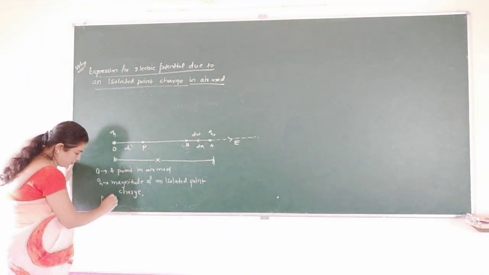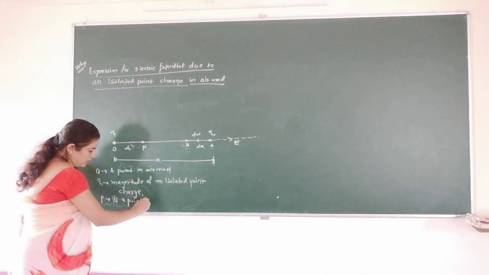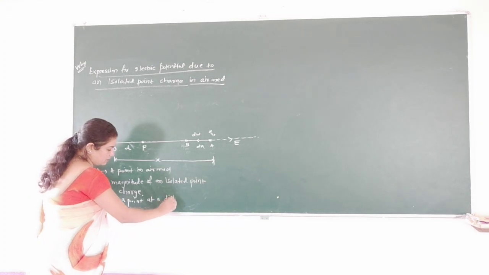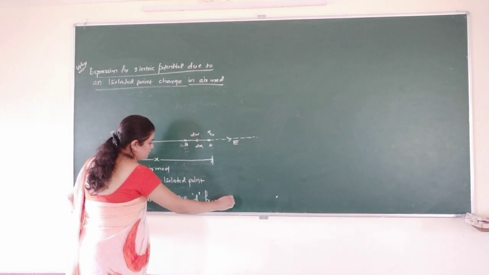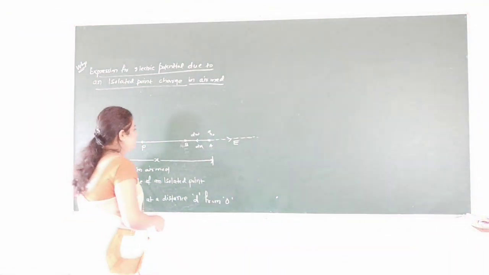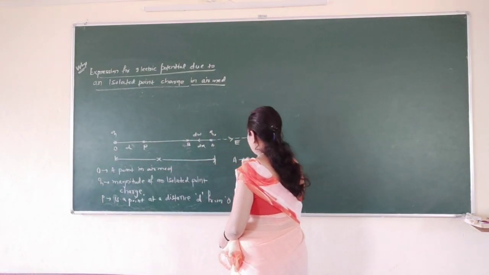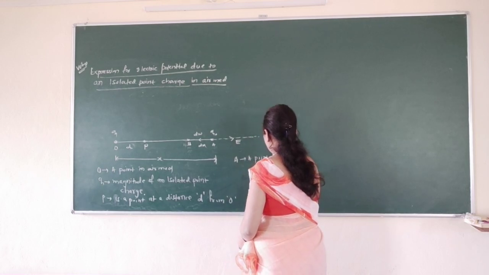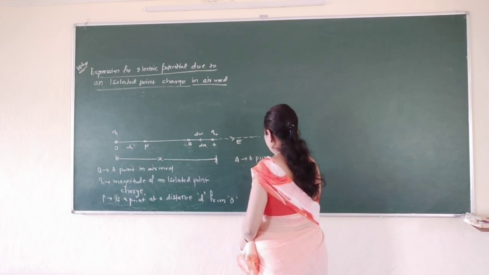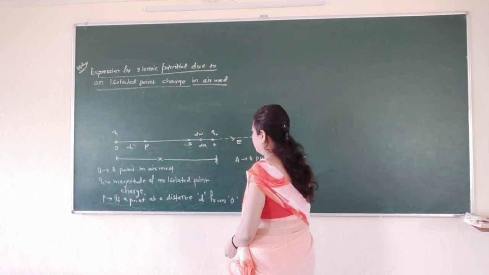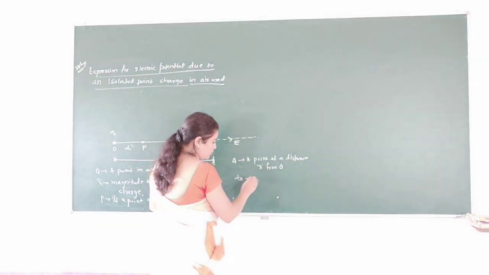P is a point at a distance D from O. Next, A is a point at a distance x from O. dx is a small displacement.